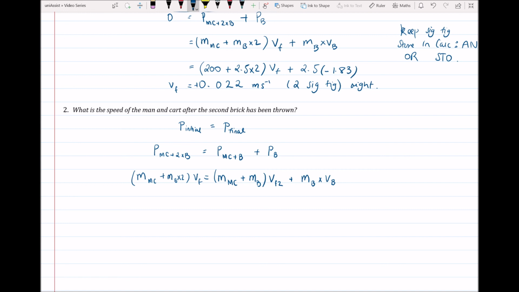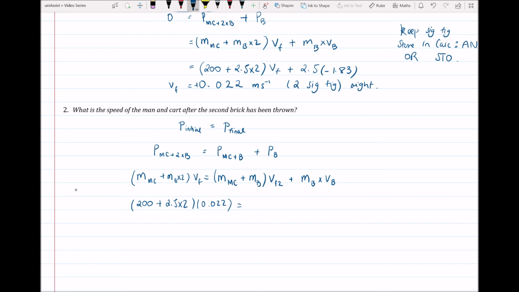So now our left-hand side equation is once again 200, that's what we had before, plus 2.5, and we have 2 of them, and then multiplied by the velocity we calculated before, so 0.022, but remember to store that, use the stored value in your calculator.